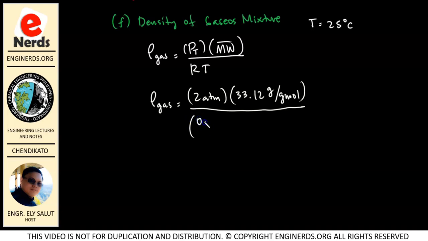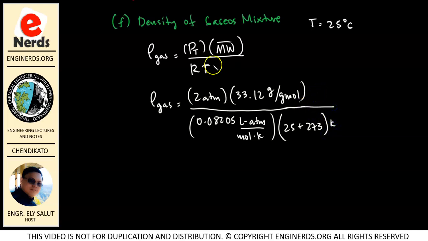Our R is 0.08205 liter atmosphere per mole Kelvin. Then our temperature is 25 plus 273 Kelvin.